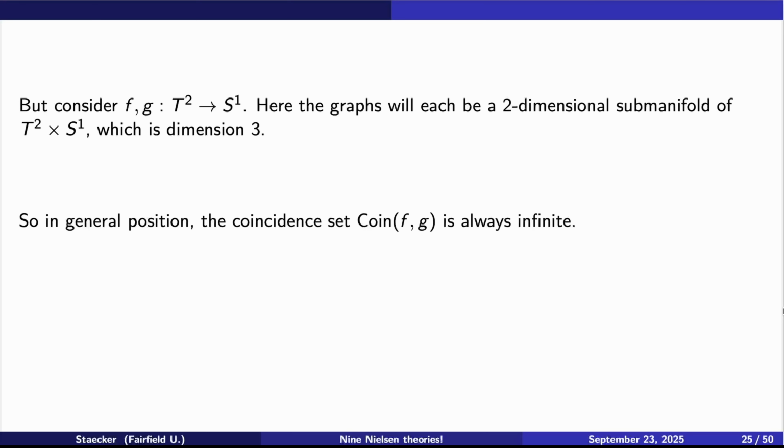So now the theory is very different because you're no longer counting individual points. You're counting something which is in general case going to be infinite. And so I'll just say counting this is very different in this case. This is referred to as positive codimension Nielsen, or positive codimension coincidence theory, which actually is very different from the Nielsen fixed point theory.